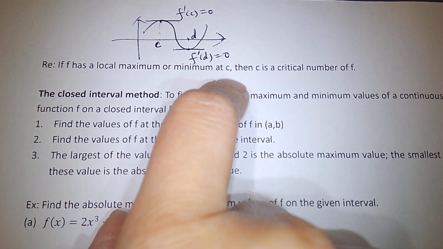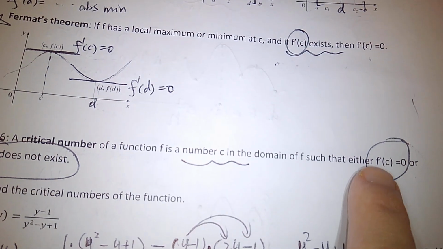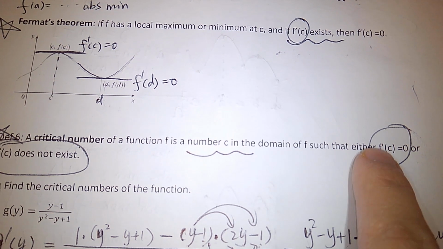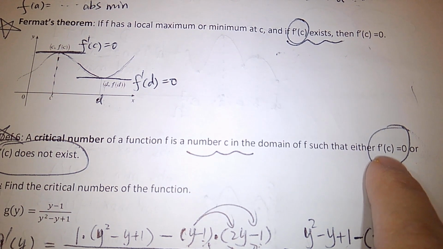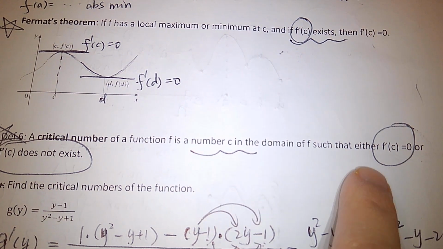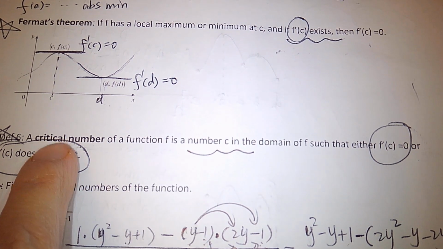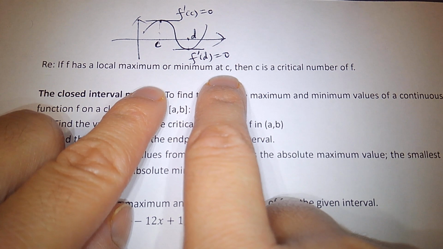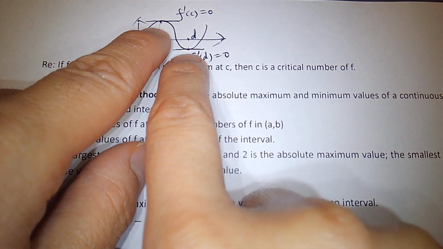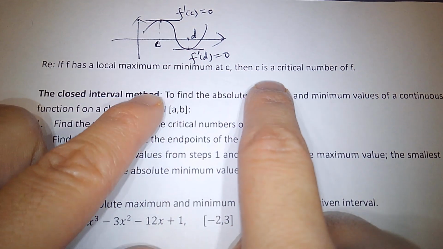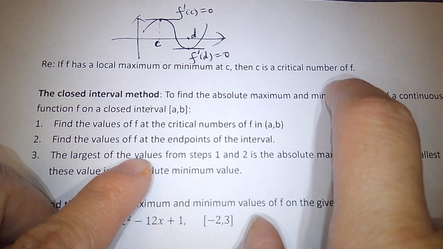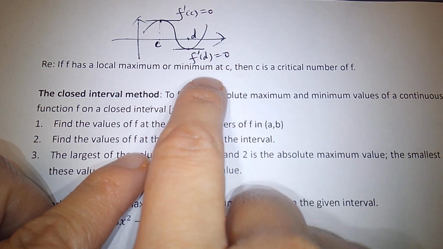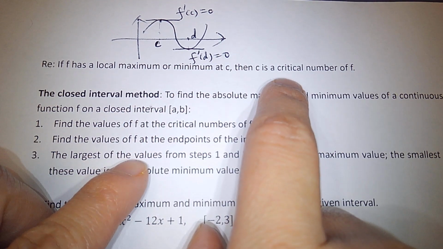And then we recall the definition of critical numbers: if the derivative of f at C or D equals 0, then C or D is our critical number. So as long as we have a local maximum or local minimum at C, C must be a critical number of f, because f prime of C is 0.